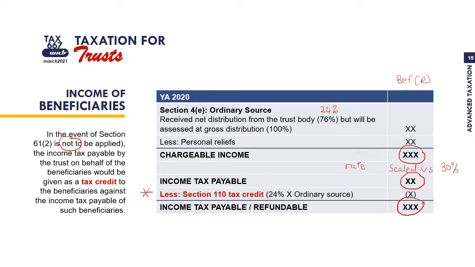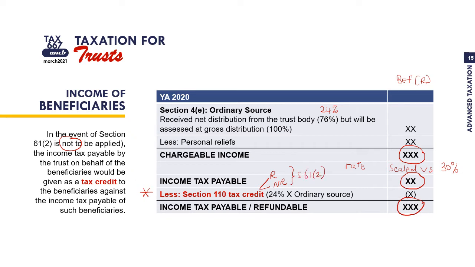Another thing worth noting here with regard to section 110 tax credit, it is given for both resident or non-resident. Boleh je dua-dua ni claim tax credit, tapi kena tengok dekat section 61(2).